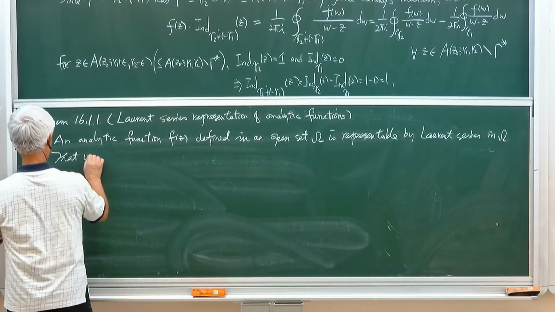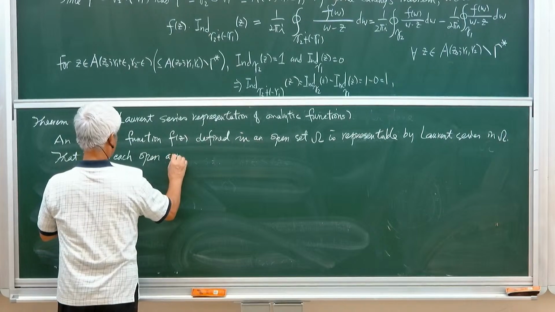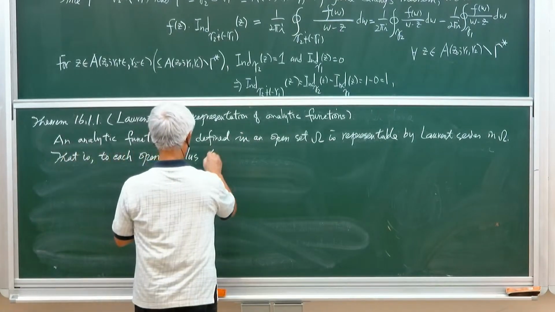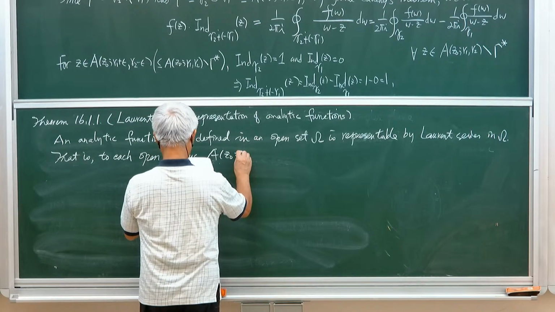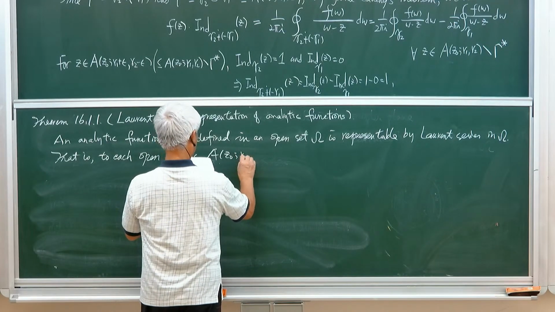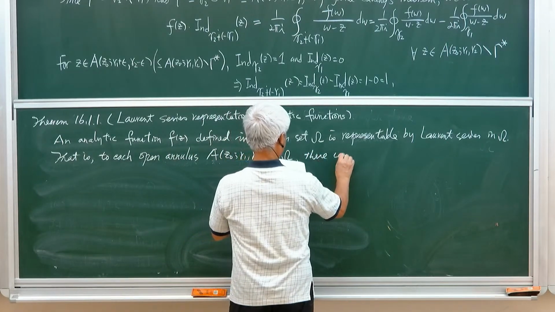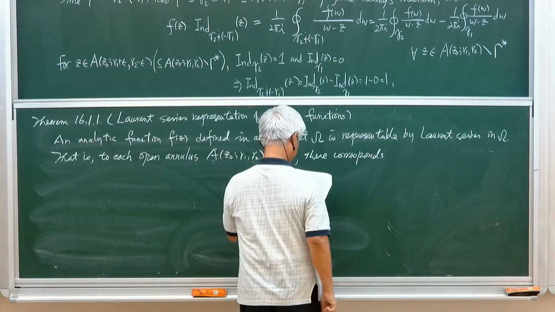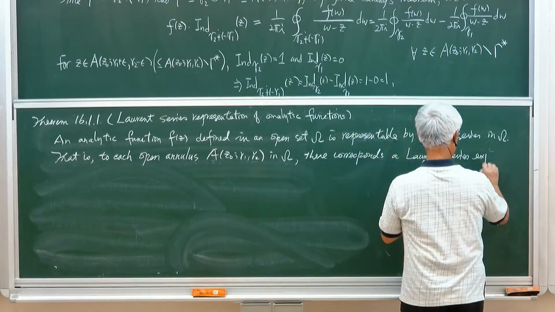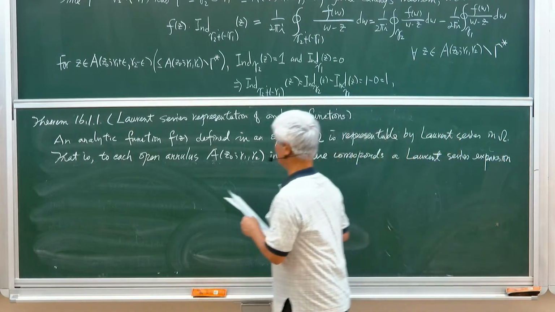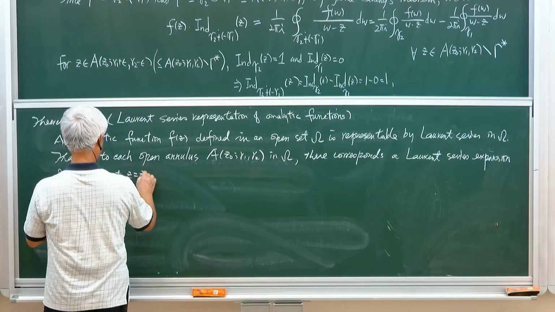And specifically, to each open annulus A of z0, R1, R2 in the open set omega, there corresponds a Laurent series expansion of f of z about z equal to z0.